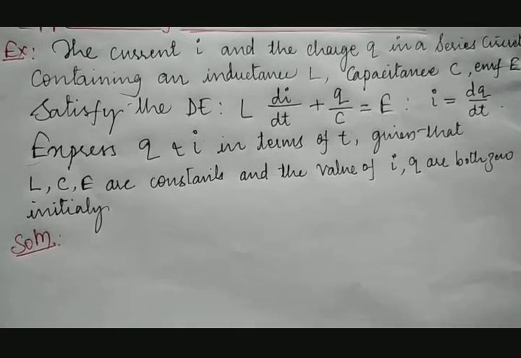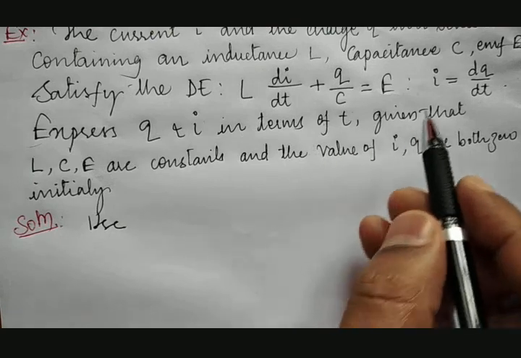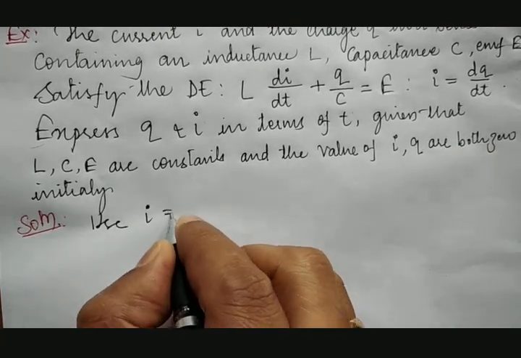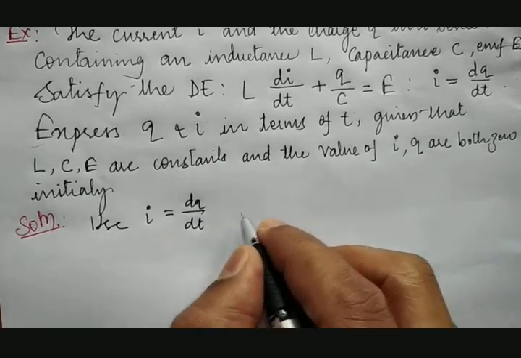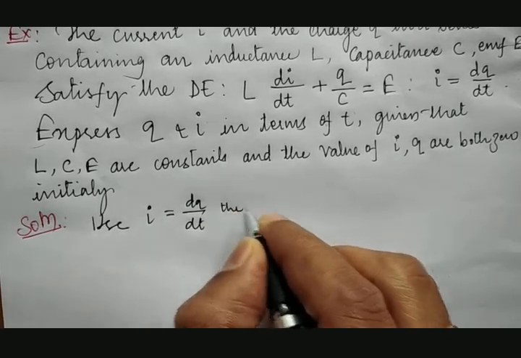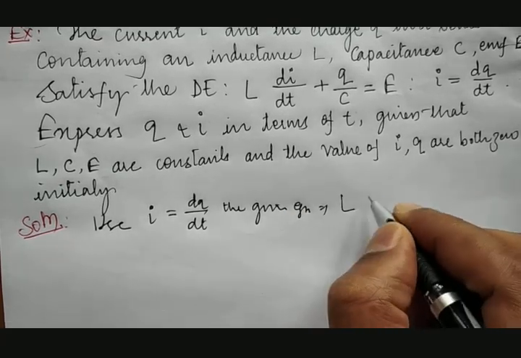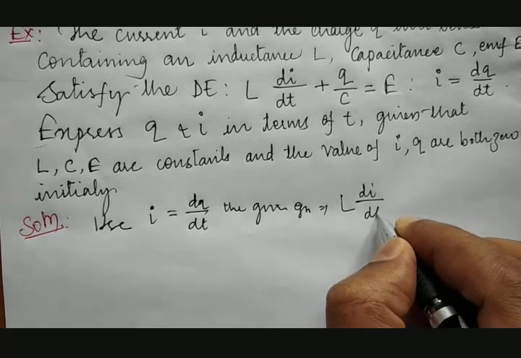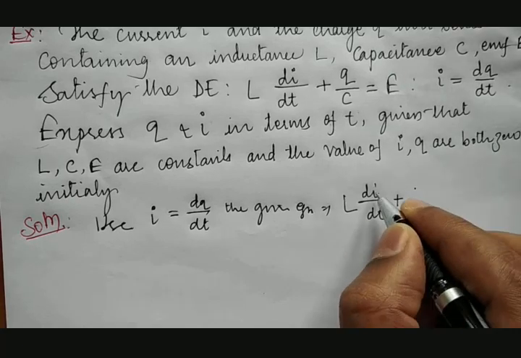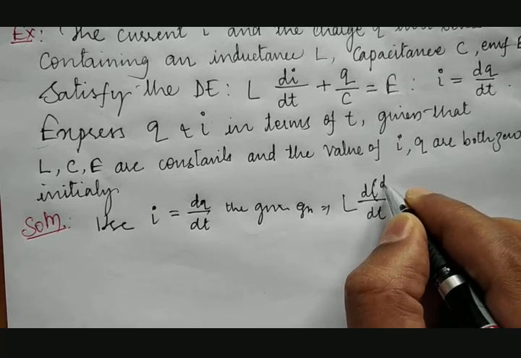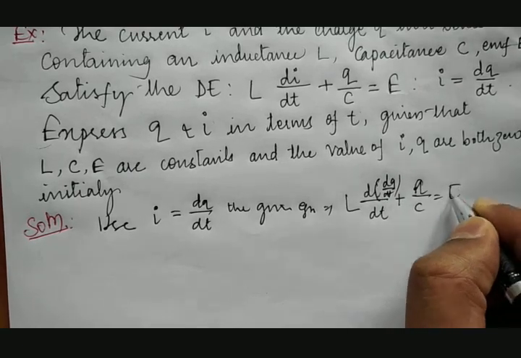For this, what to do? First we'll use what is given: I is nothing but dQ by dt. We'll use this in the given equation. Then the given equation becomes L di by dt plus Q by C is equal to E, with I as dQ by dt.